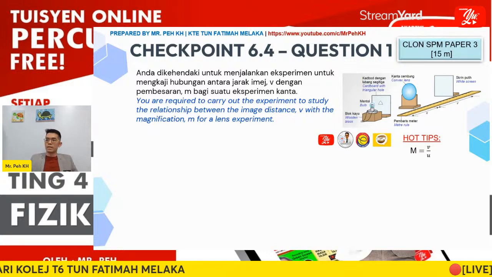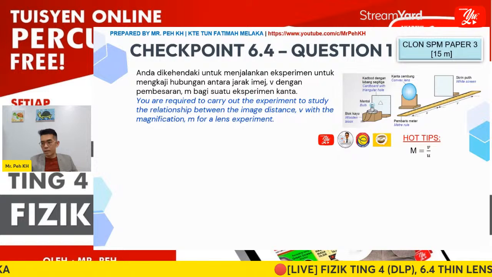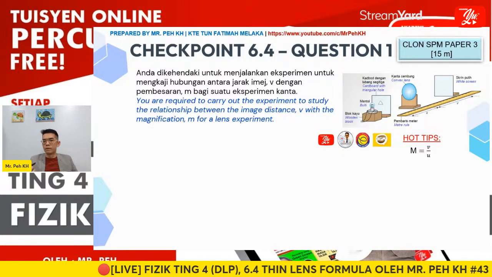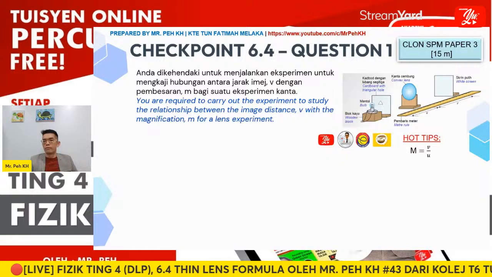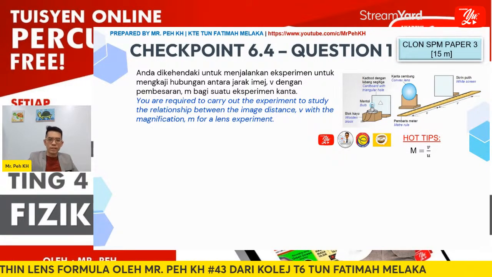Okay, so this experiment has actually been happening in the KSSM since 2021, the topic of Form 4, in your paper 3. So this is the idea for you all.